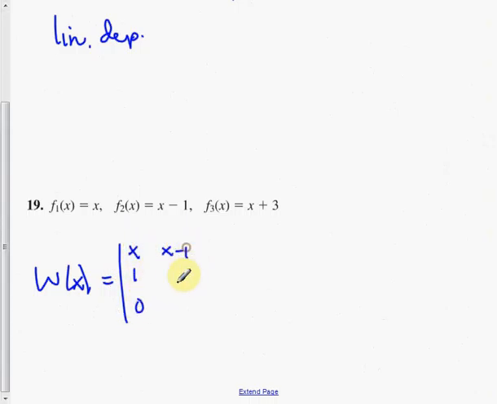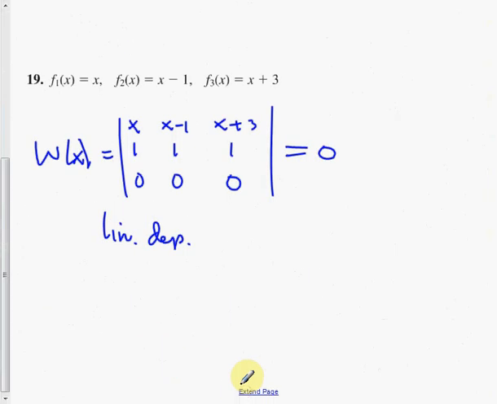This is x minus 1, 1, 0. This is x plus 3, 1, 0. But here again, this whole row is all zeros, so the determinant is equal to 0. So we get linearly dependent.